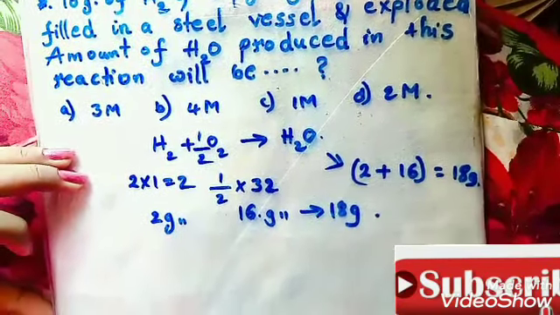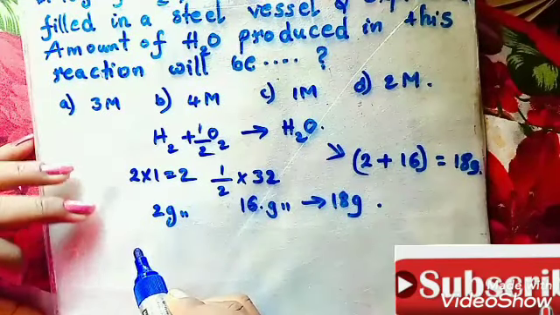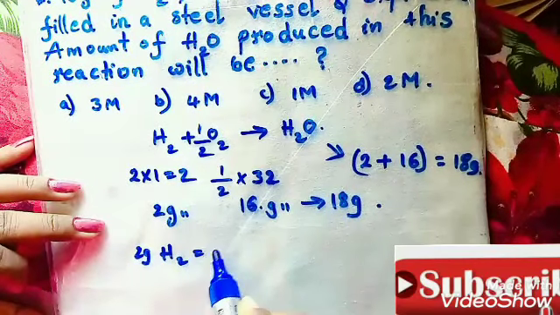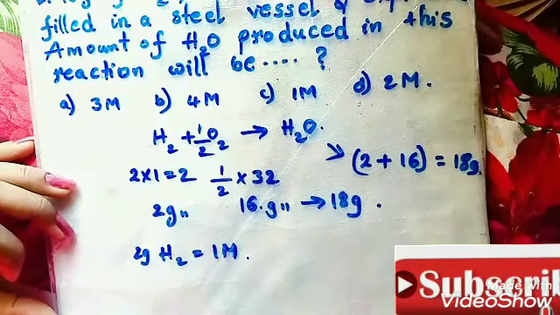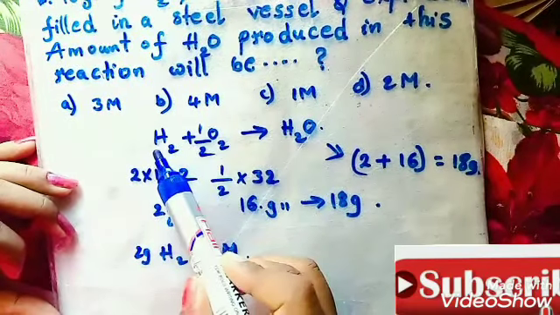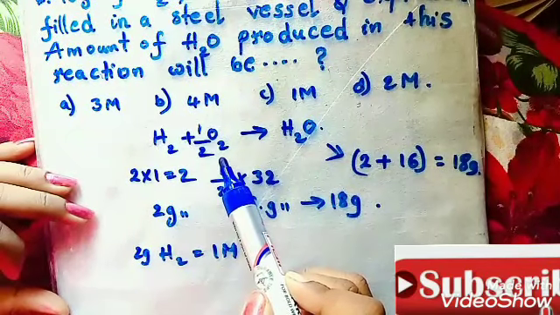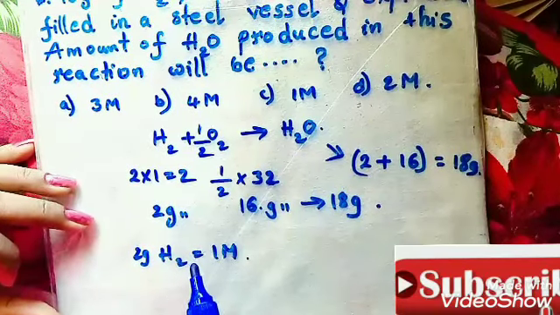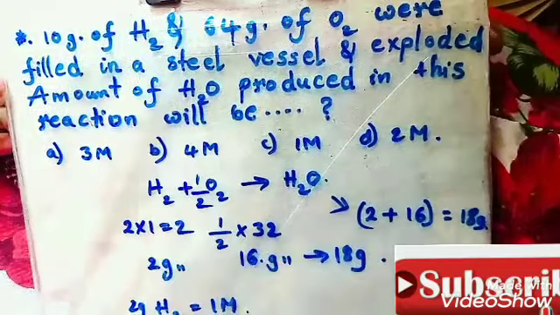By seeing this chemical equation, we finalize that 2 grams of hydrogen is equal to 1 mole. Why? Because while balancing the equation, we have 1 mole of hydrogen. The question asks about 10 grams of hydrogen.